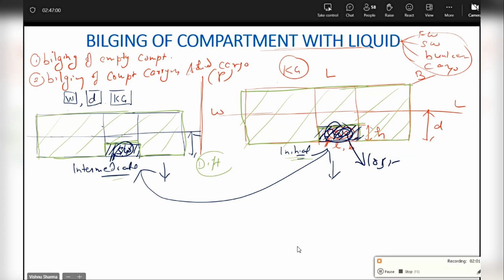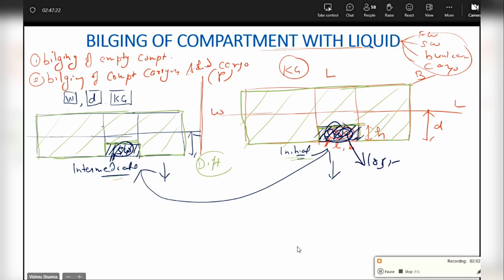So that means what can I do? If my tank has a liquid, I first come to an imaginary, hypothetical, assumed condition wherein I assume to pump out that liquid, and I call that the intermediate condition.